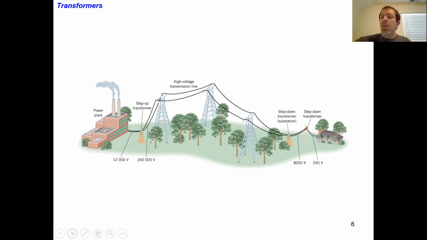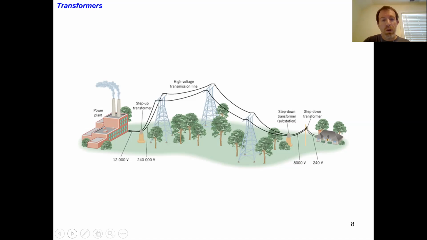And if we just tried to transmit power at that voltage that the power plant was outputting, we'd end up having a lot more energy loss than will occur if we step up that voltage to a much higher voltage.